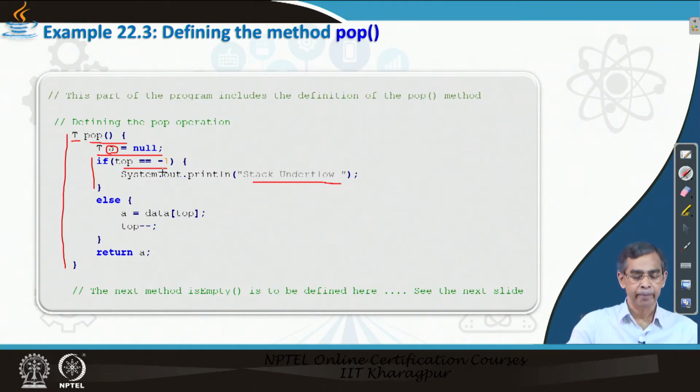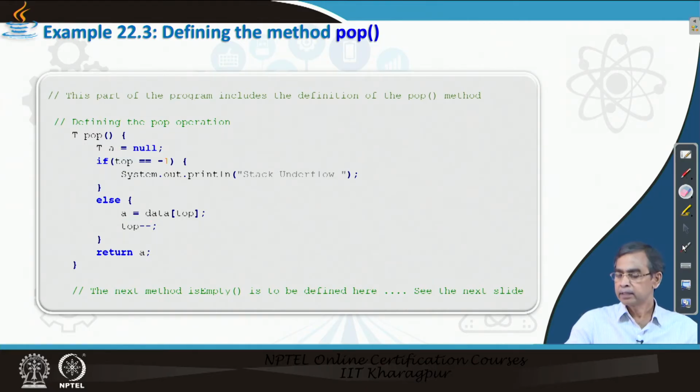If it is not empty, then the topmost value will be copied into A, and top will be decremented, so top goes down once, and then it returns A. This way this method will work, and this is the pop operation related to the stack structure.